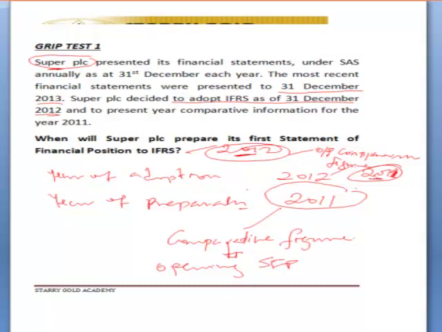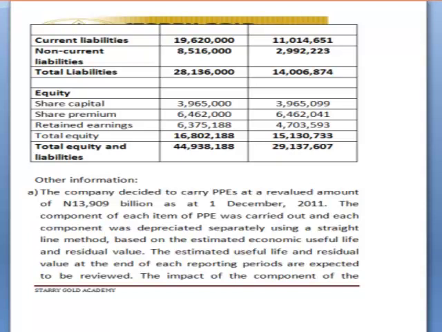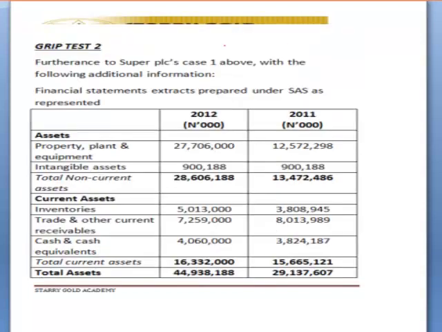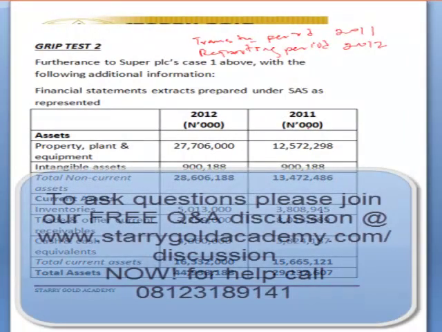Now I'm going to go forward to the question here. So we know that we are presenting this question based on a transition period of 2011. Then we have a reporting period of 2012.